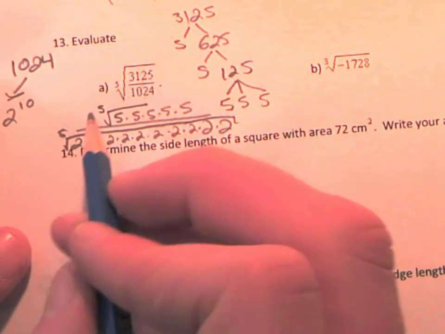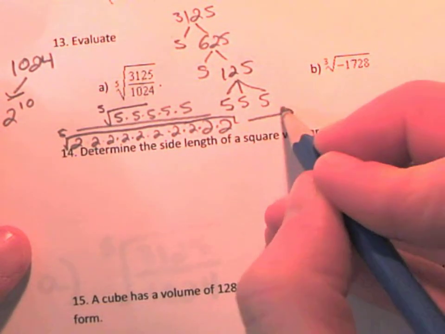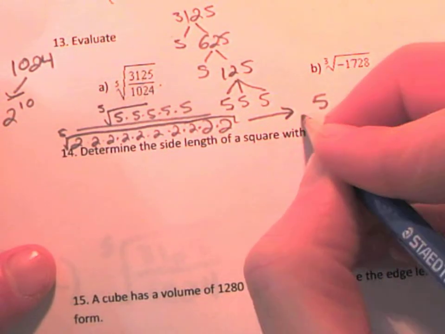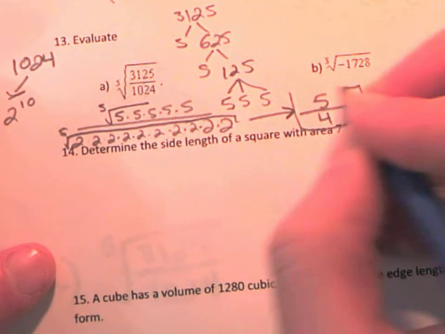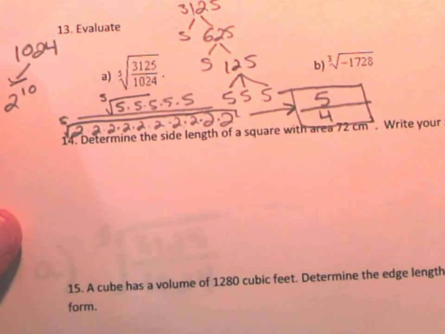So index of 5, you have to take 5 out to change to 1. So this will turn out to be 1 5 and 2 2s, which is a 4. That's the same as 5 over 4.